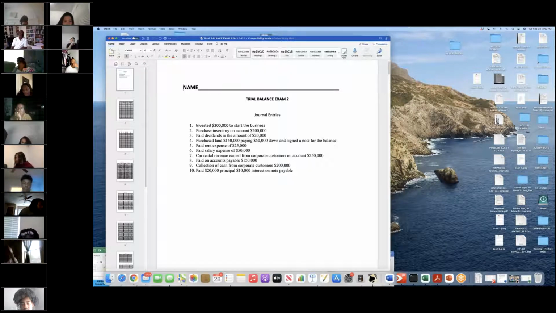And the account number is 200, 100, and 350. What's that journal entry going to be? For debits, I have 150,000. That's with land, and then for cash, it's 50,000. It's credit. Notes payable is 100,000, and that's credit as well. Okay.